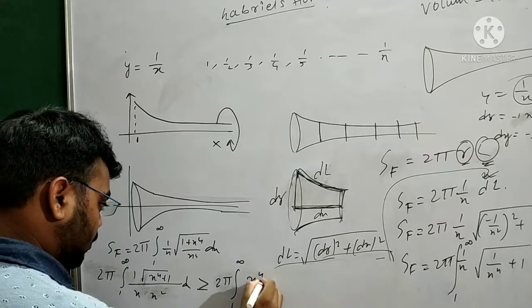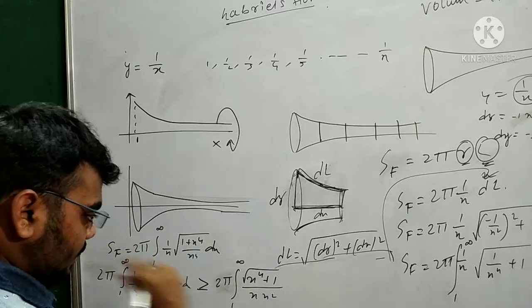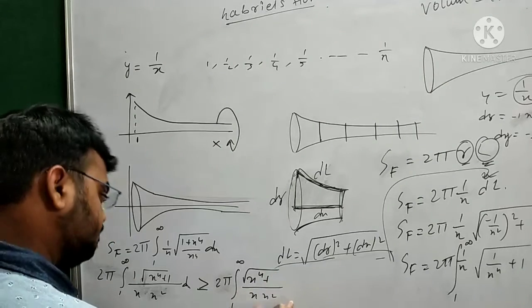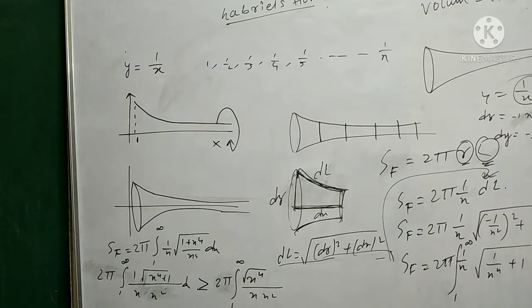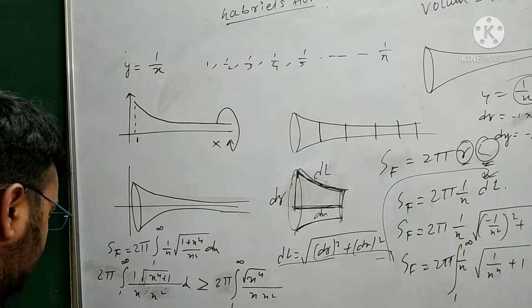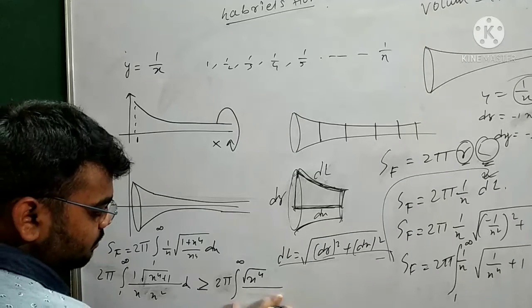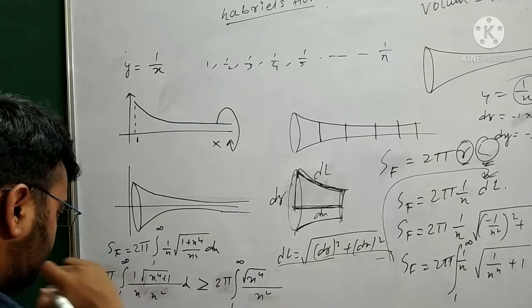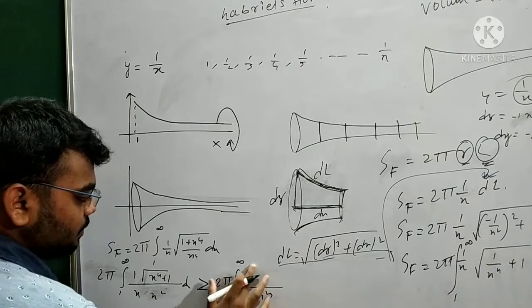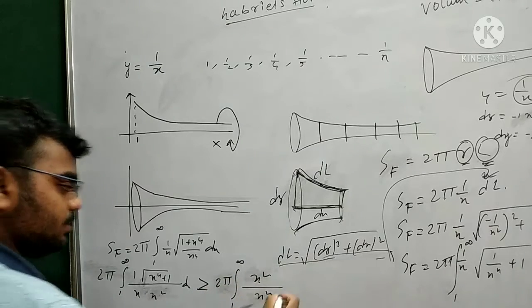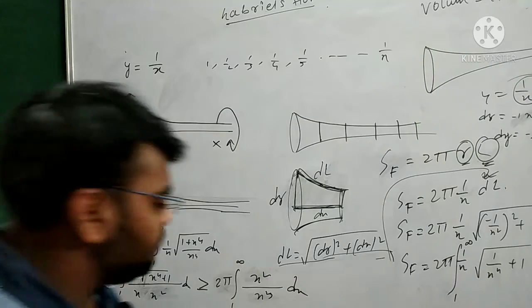It will be x to the power 4 plus 1 upon x square. This will be x square, x cube, and it will be x square dx. Up to this, is it clear?